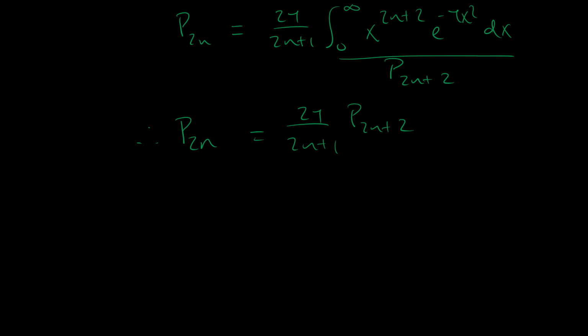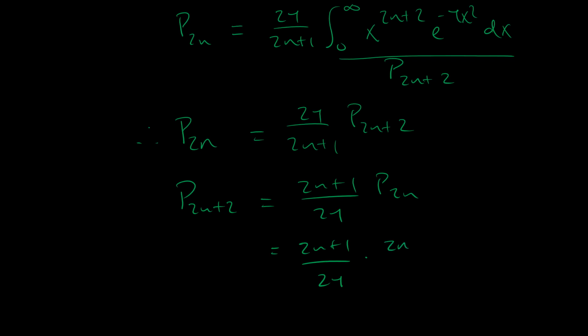We can rearrange things so that P2n plus 2 is the same as 2n plus 1 over 2y times P2n, right? Which is also equal to 2n plus 1 over 2y times 2n minus 1 over 2y P2n minus 2, and so on and so on. So what does that tell us?